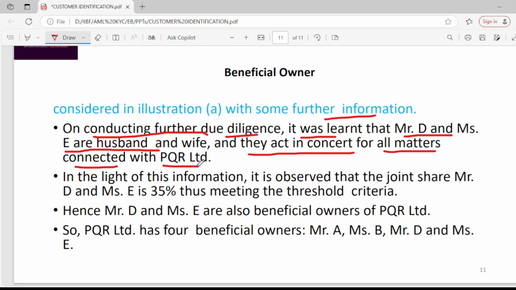So some more information is provided here. According to that, Mr. D and Mrs. E are husband and wife, and also they act in concert for all matters related to PQR Limited.